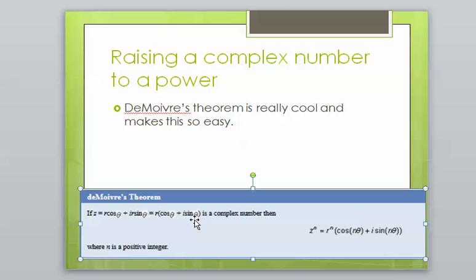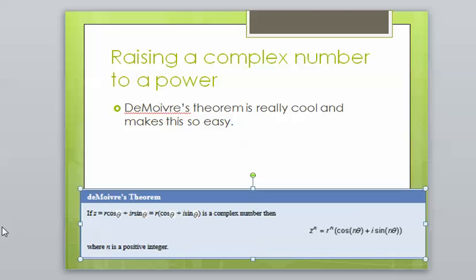And it really is easy. Let's not worry about all the theorem and all the details behind it. This is the theorem. This is how you raise things to a power. So you might have to convert to this format, but once you get it in this format, it really is easy to get it to work out.